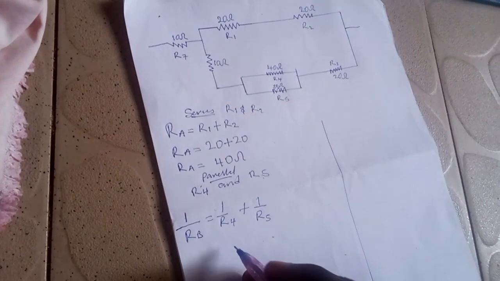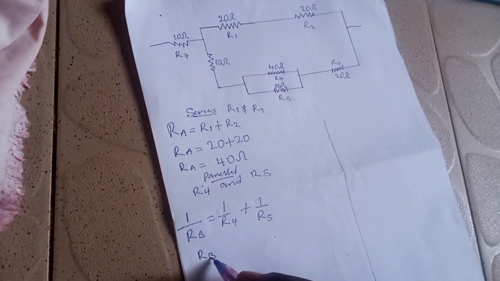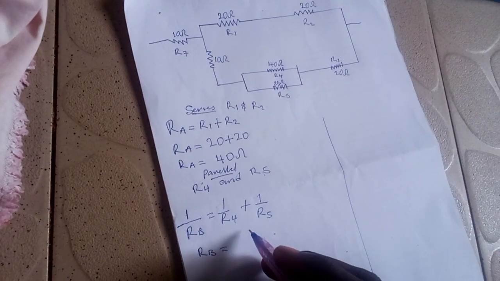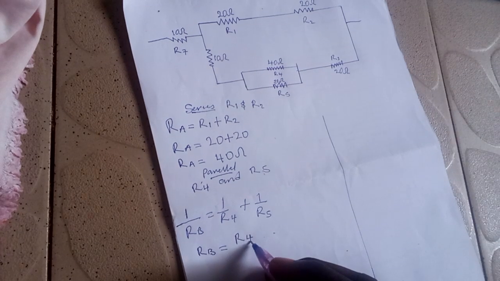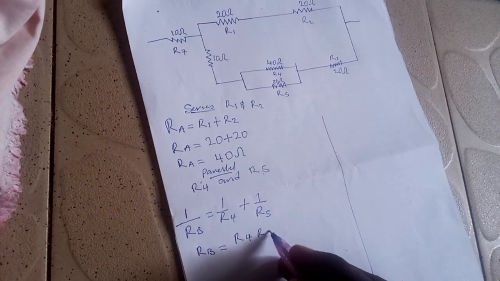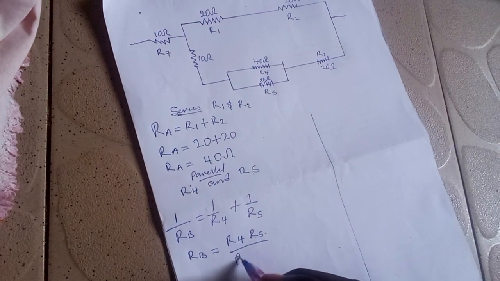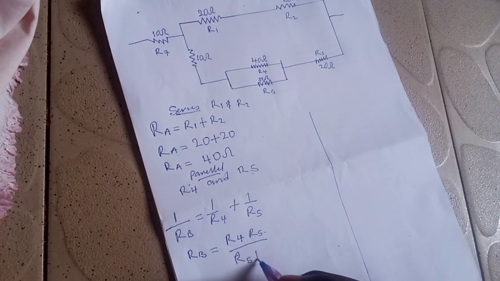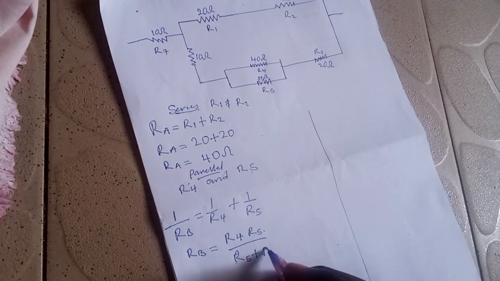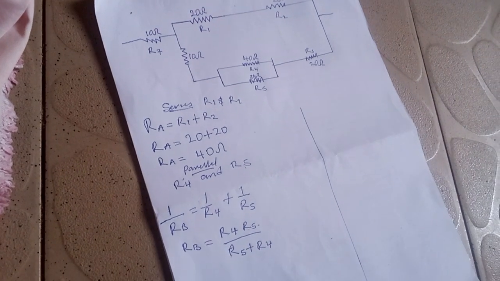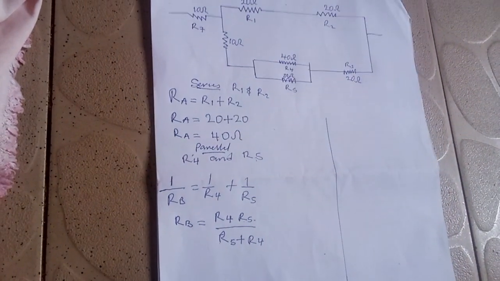You can still put it in a simple way. Say RB is equal to R4 times R5 all over R5 plus R4.